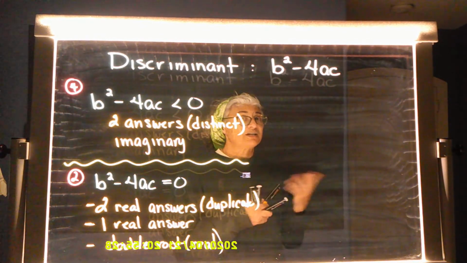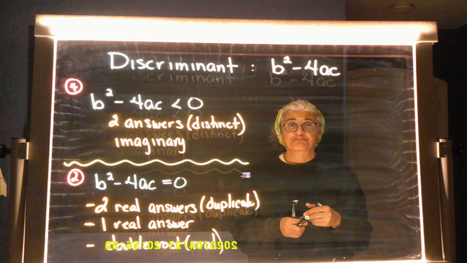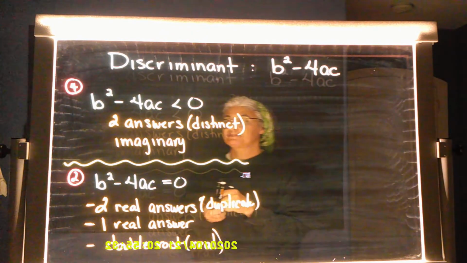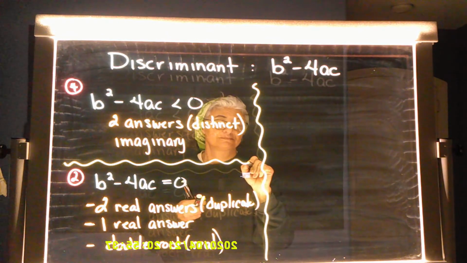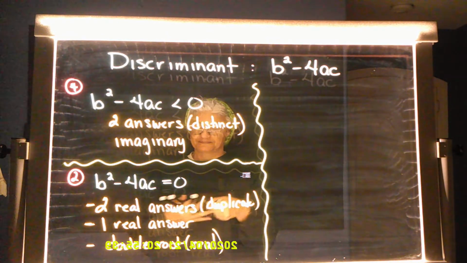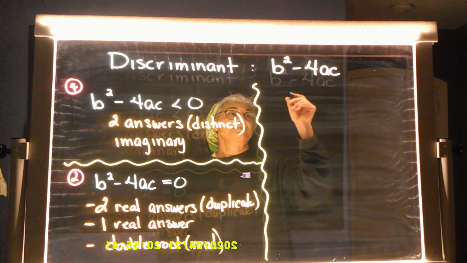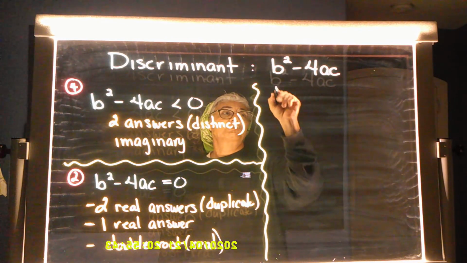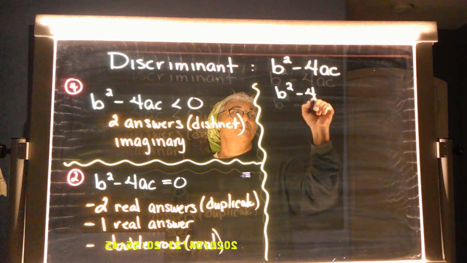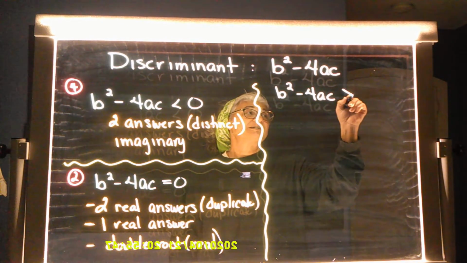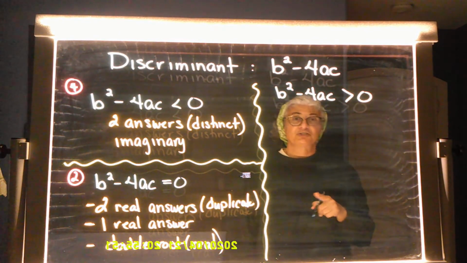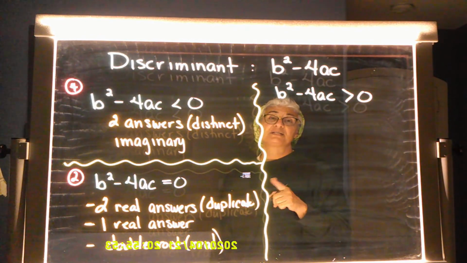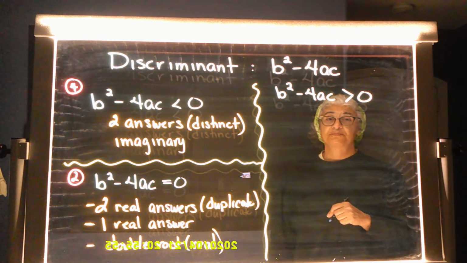Double means 2 of a kind. With me? Okay. So, what happens if our discriminant, b squared minus 4ac, is greater than 0? Which problems did we just do where we had b squared minus 4ac greater than 0?